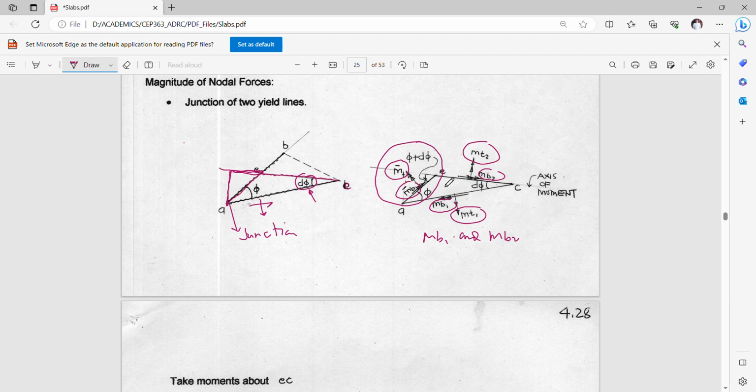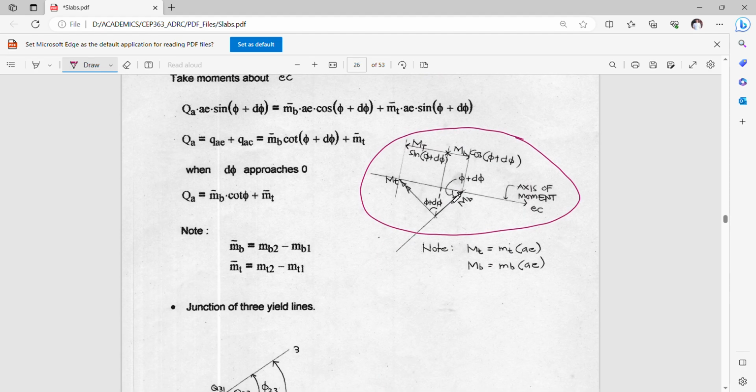So these are just interior angles, and this is an exterior angle. No? So if I add phi and dphi there, my exterior angle will simply be equivalent to phi plus dphi, because this is 180 degrees minus this. Since these are supplementary angles, this angle here will simply be equivalent to phi plus dphi. So this is now my new angle of interest.